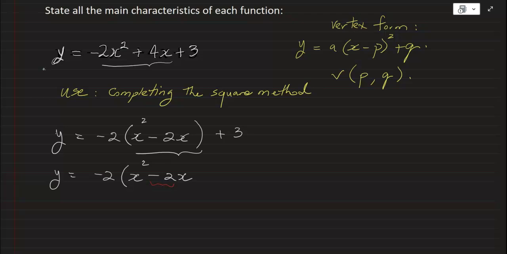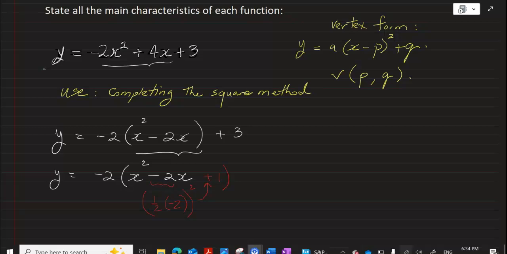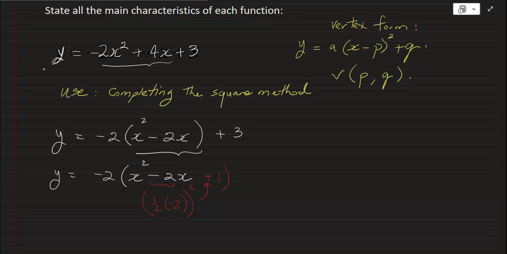We get half of negative 2. Then we'll square that. Then we'll add it to the inside of that bracket. So half of negative 2 is negative 1. Square that. That becomes plus 1. So we just added 1 inside of that bracket. And we're going to leave the plus 3 where it is.